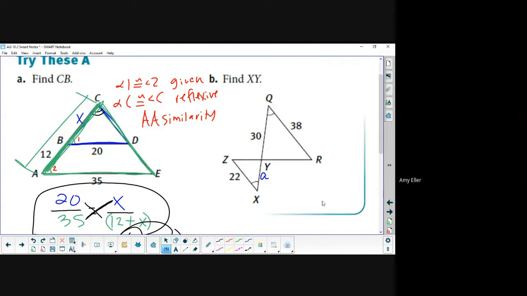Before we start comparing sides, let's make sure they are similar. Let's do this on your own. Look at the triangles. Determine if they're similar, maybe by AA again.